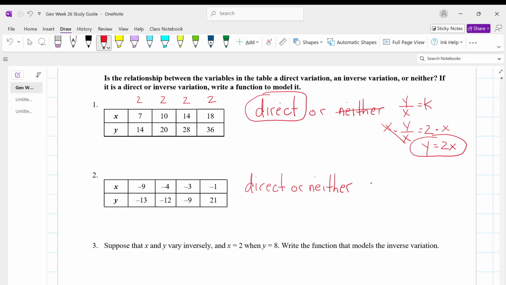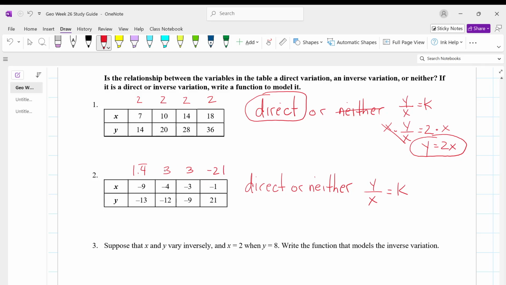And if it's going to be direct, then all the y's divided by the x's have to equal the same thing, a constant. Well, if you look through here, 13 divided by 9 is 1.4 repeating. 12 divided by 4 is 3. 9 divided by 3 is 3. 21 divided by negative 1 is negative 21.